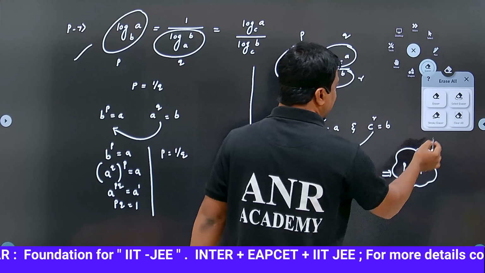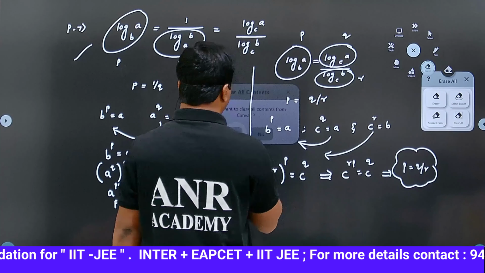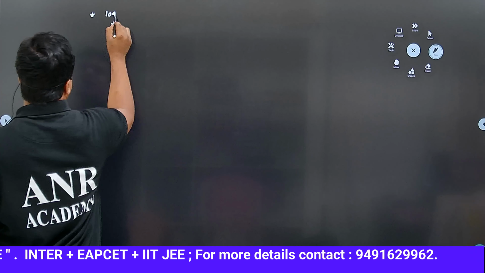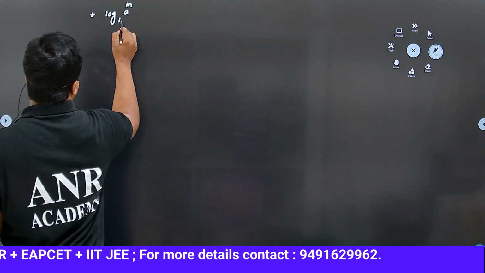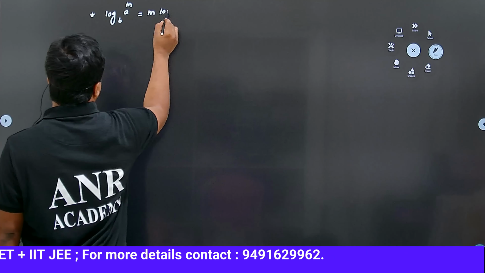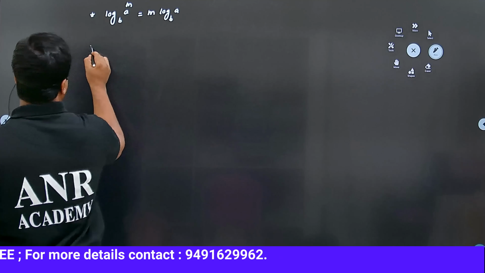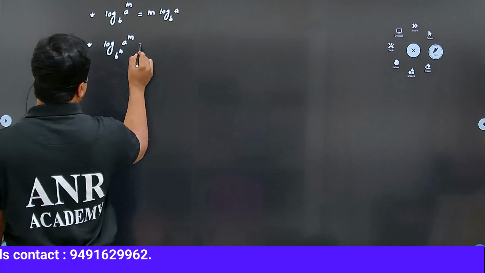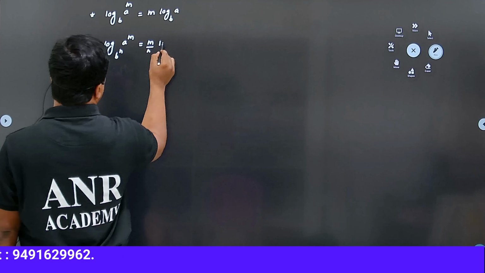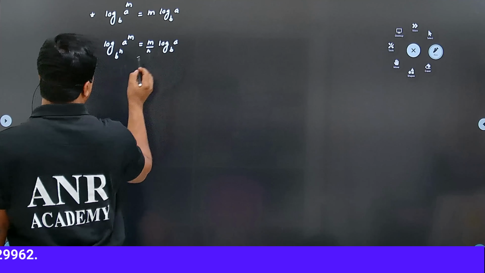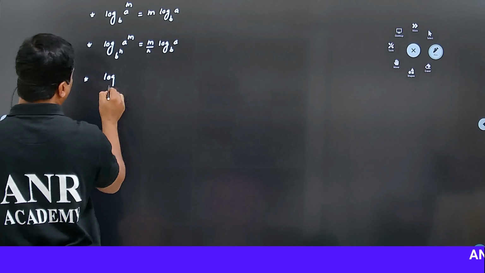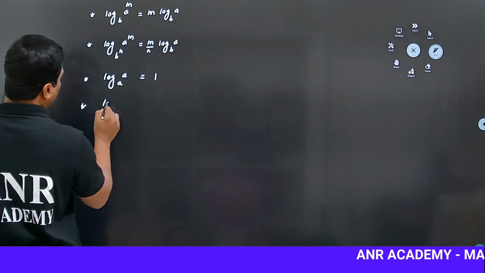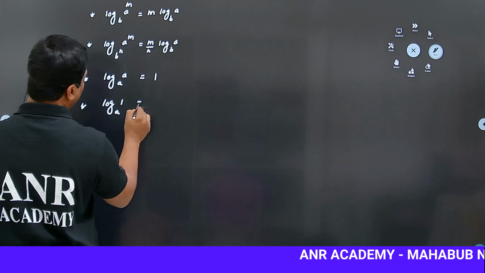At a glance, all the properties I am going to write. Log a power m to the base b equals m log a base b. Next, log a power m base b power n equals m by n log a to the base b. Third, log a to the base a equals 1, log 1 to the base a equals 0.